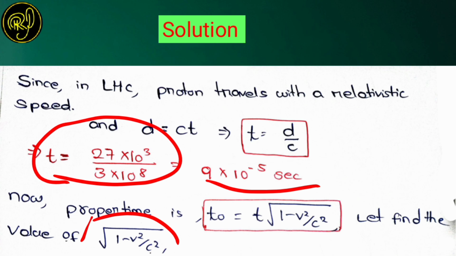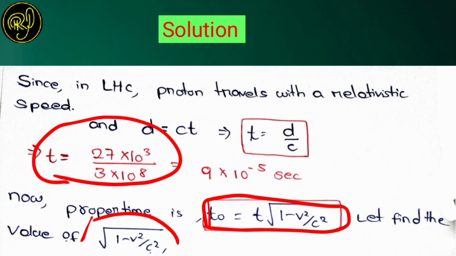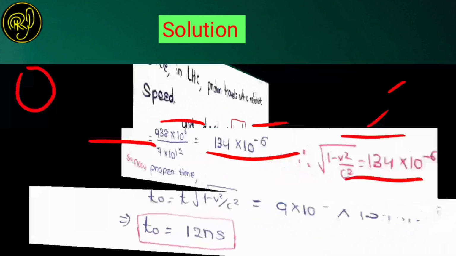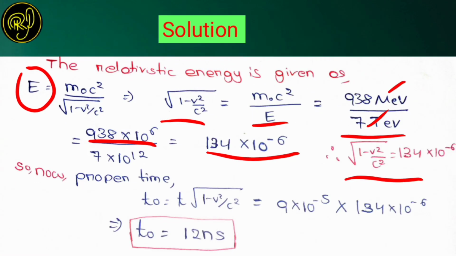So simple. Now we were to find t0. For finding t0, we will multiply t with root over of 1 minus v square by c square. We have already found the value of t, that is 9 into 10 to the power minus 5 second, and the value of root over of 1 minus v square by c square is 134 multiplied with 10 to the power minus 6.